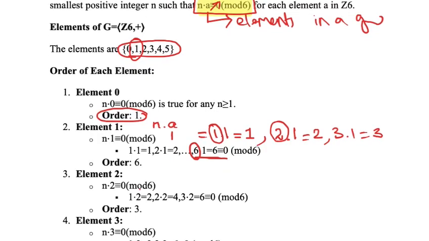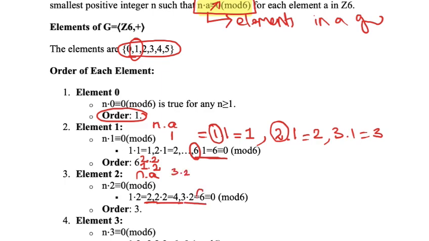Let's continue. Now the next element is 2, so a equals 2. First applying n equal to 1, 1 into 2 equals 2. Then n equal to 2, 2 into 2 is 4. Still we have not received 0. Then n equal to 3, 3 into 2 is 6.